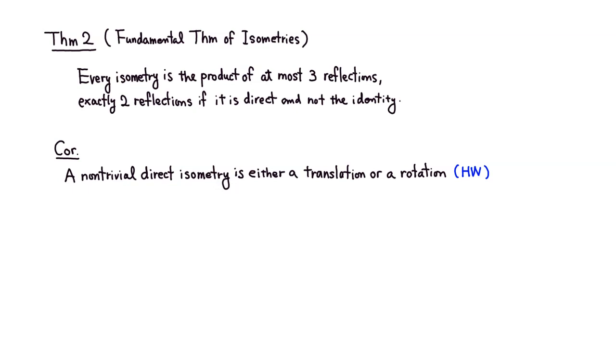So what I would like to demonstrate is this theorem: if you have an isometry, we can always express it as the product of at most 3 reflections. I'm going to use GeoGebra to illustrate it.